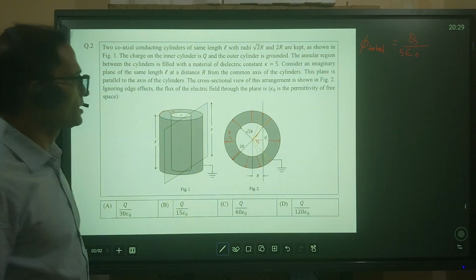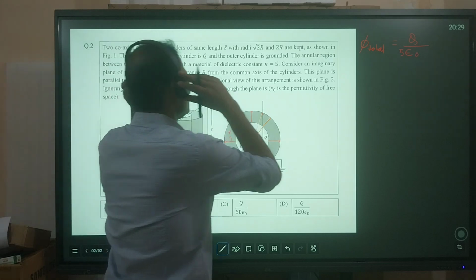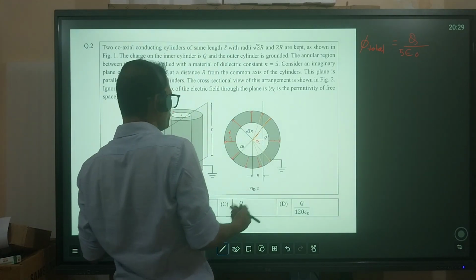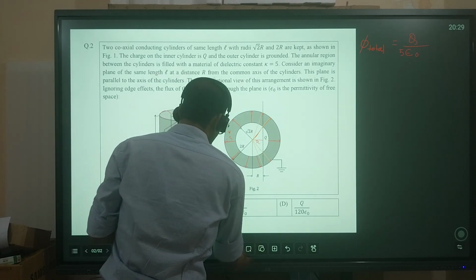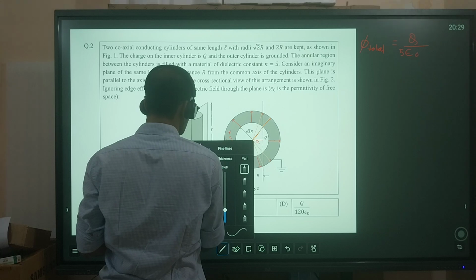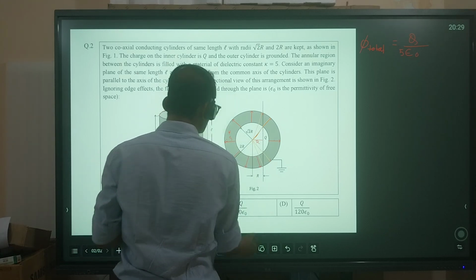Now this is the total flux. Now let us talk about how much area is there, let us talk about this area.